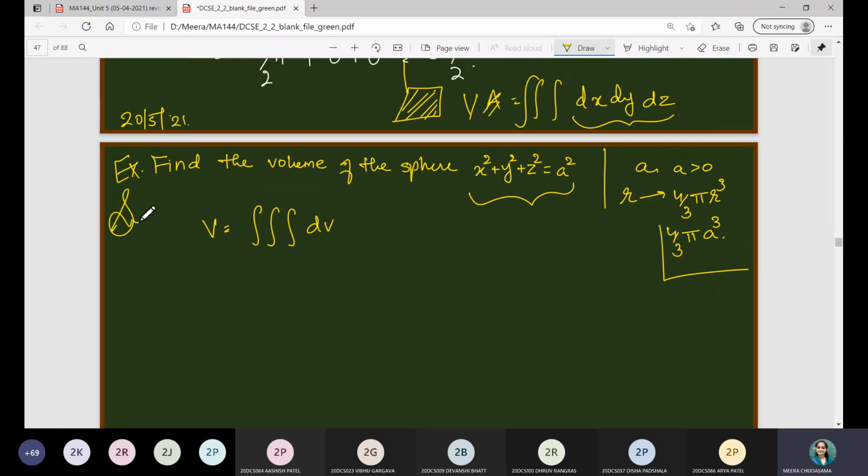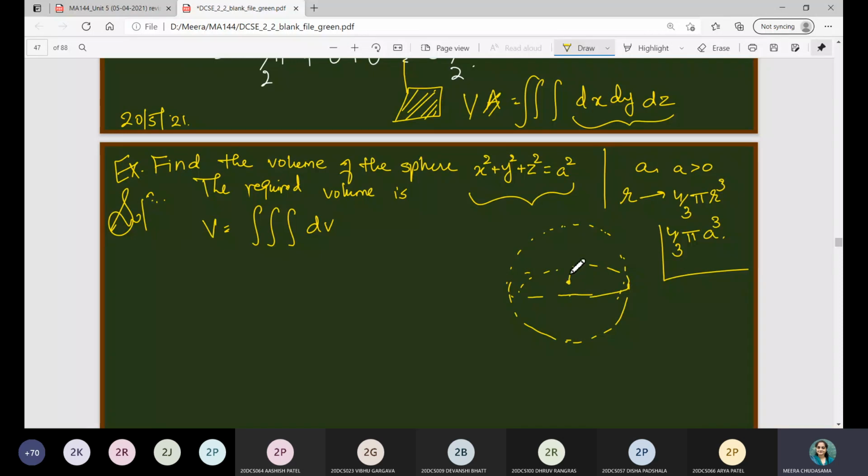In this solution you can write the required volume is triple integration dv. Now we have to decide the limits. If I draw the sphere, though it won't be visible in 3 dimensions, you can assume.